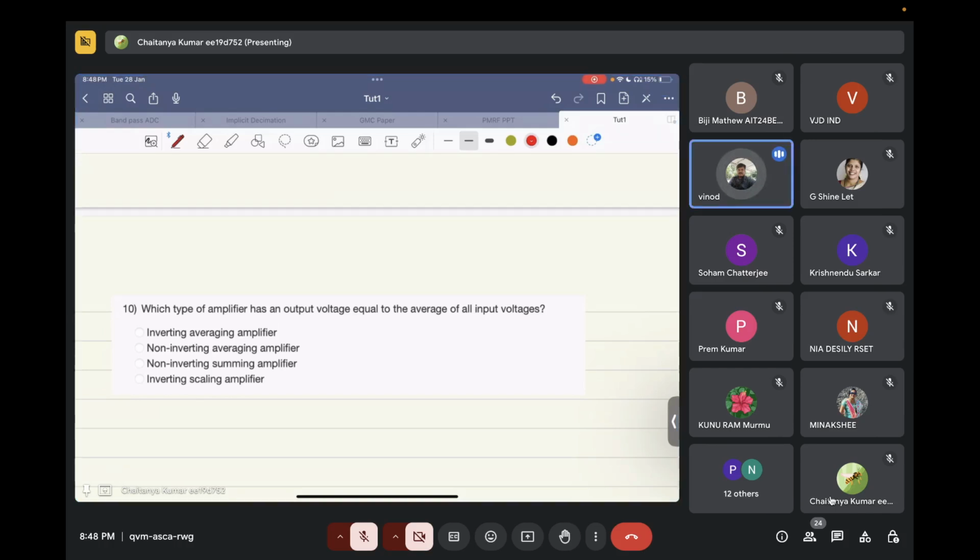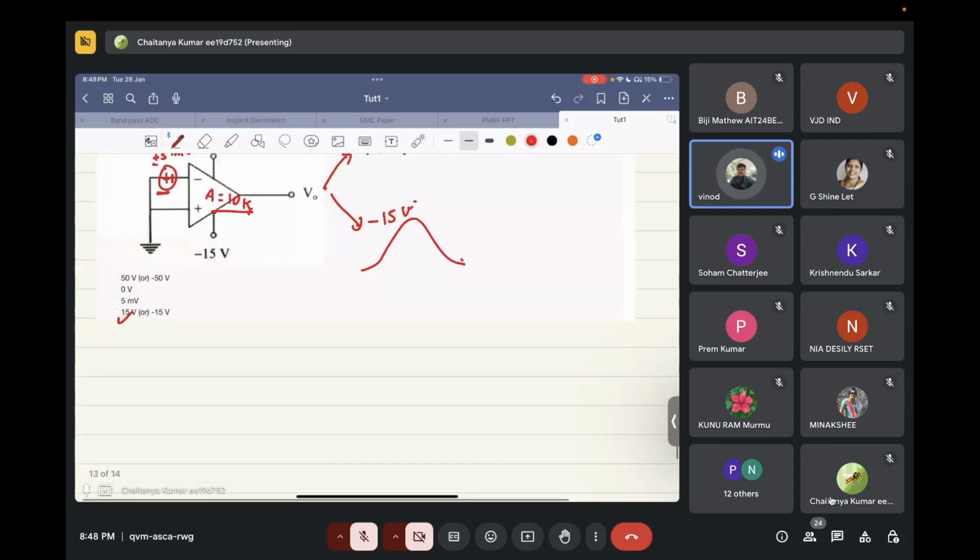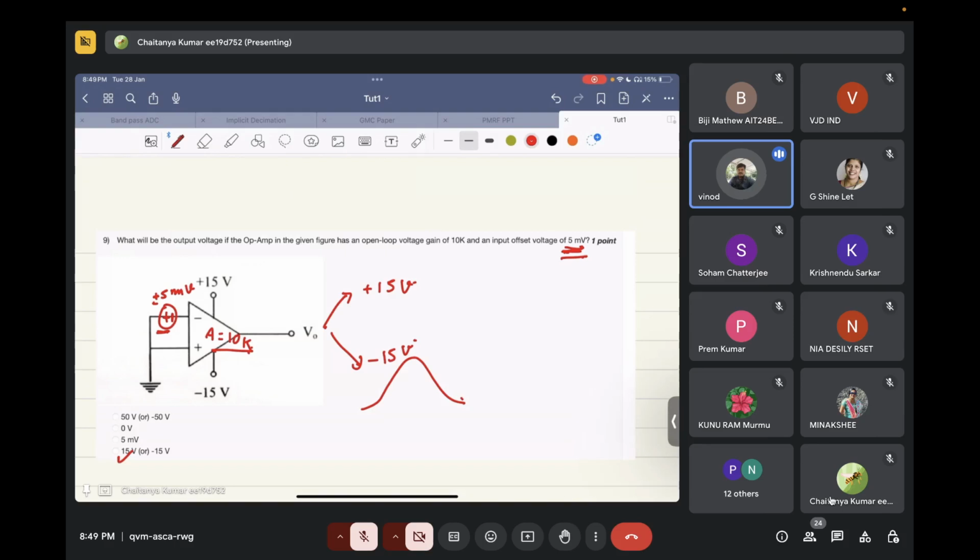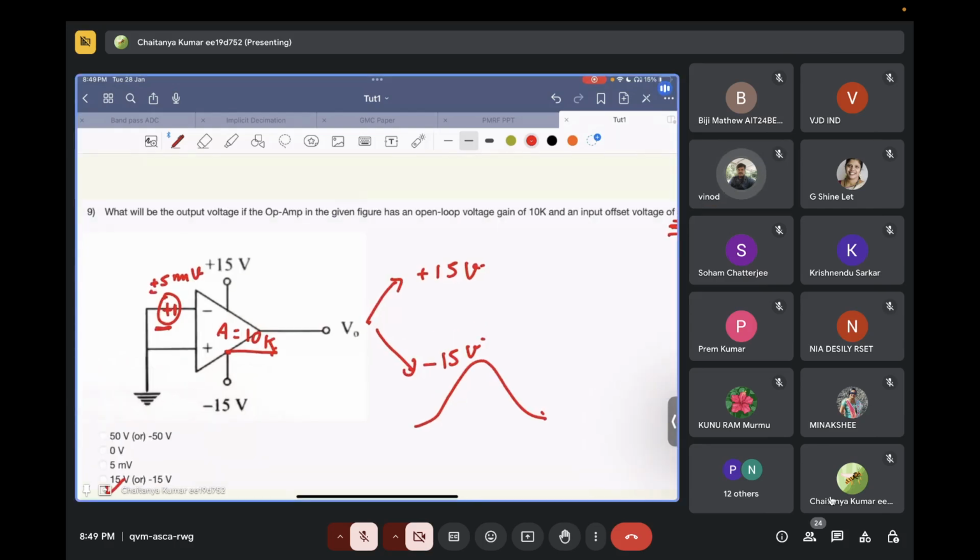Whether you are multiplying with A, or how come you're getting plus? Sorry. It's based on the supply voltage. So if 10K is multiplied by 5 millivolt, ideally the output should go to either plus 50 or minus 50.